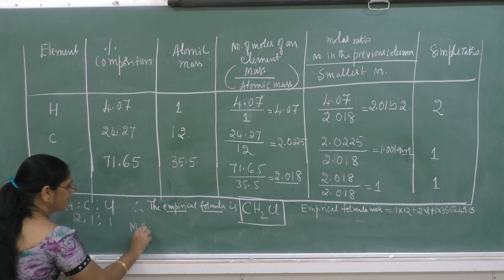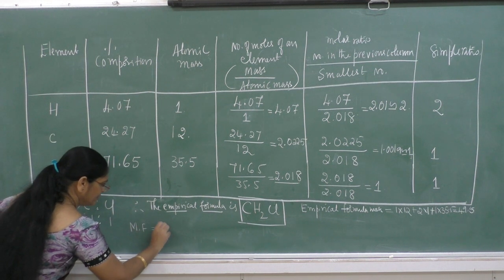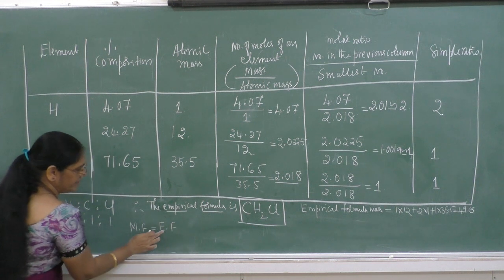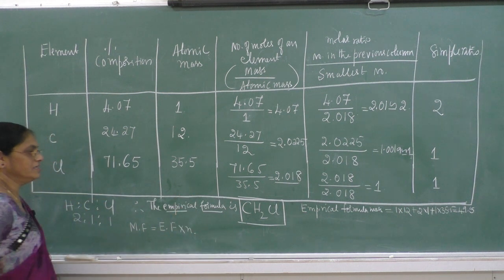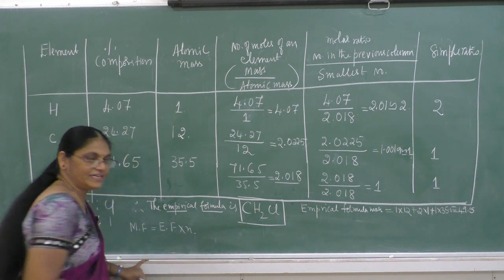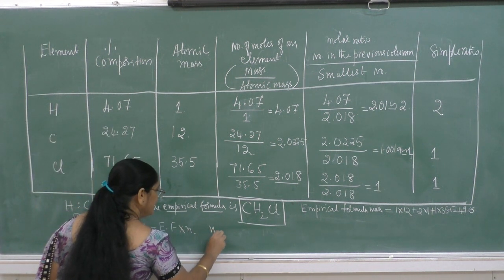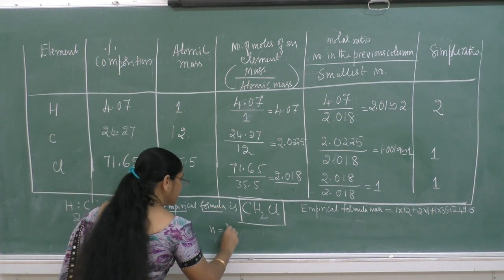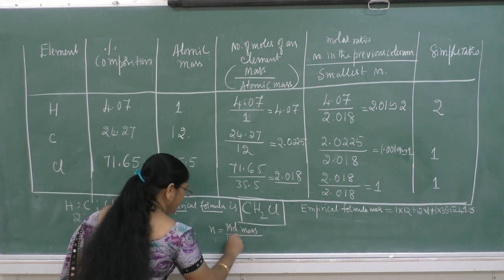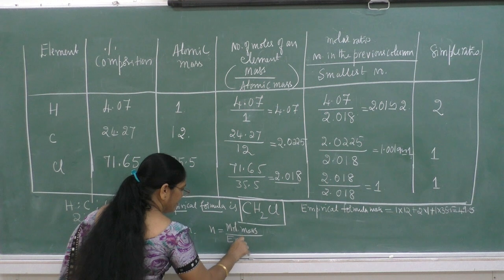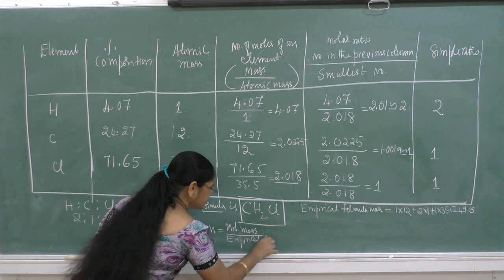Now what is the relationship between molecular formula and empirical formula? Molecular formula, MF, is equal to empirical formula, EF, into n. First we have to calculate the value of n. n is equal to molecular mass divided by empirical formula mass.